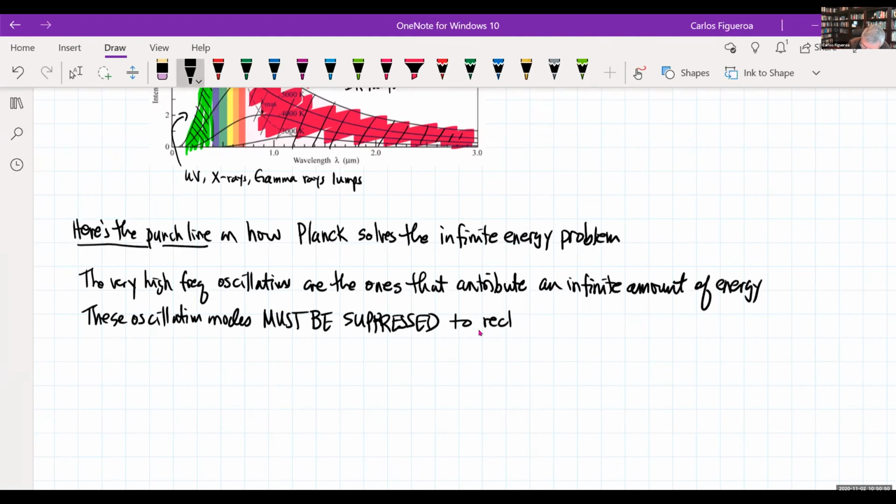Something like this. And I think I've got to stop here. But that's where he goes in and rectifies the problem by saying there's a way to suppress these things. And he derives it in this beautiful, discrete summation that goes off to infinity. And you get this really sexy equation.